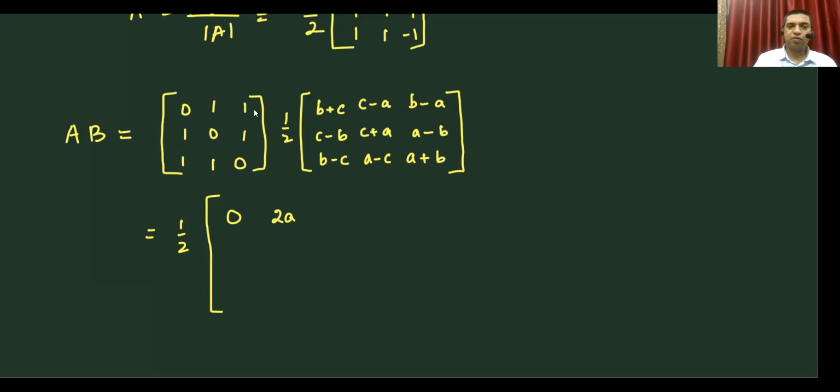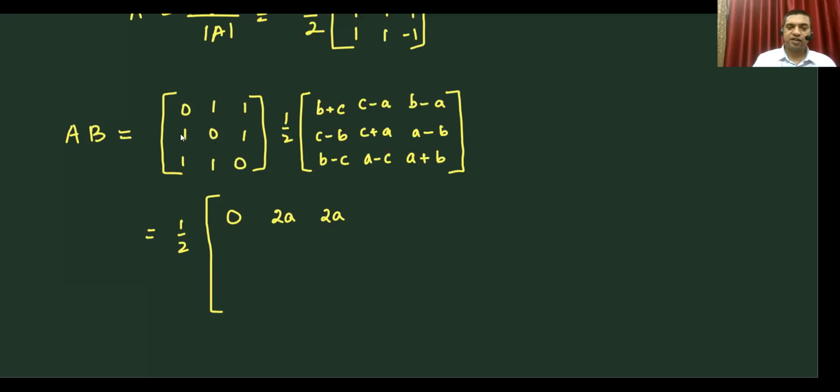Next, 0, 1, 1 multiplied by B minus A minus B, and A plus B. This multiplied by 0 gives 0. Plus 1, plus 1. So A minus B plus A minus A plus B, that will give you 2A.